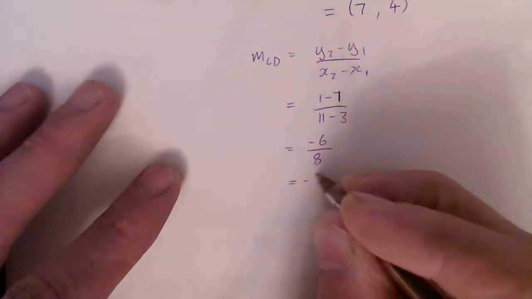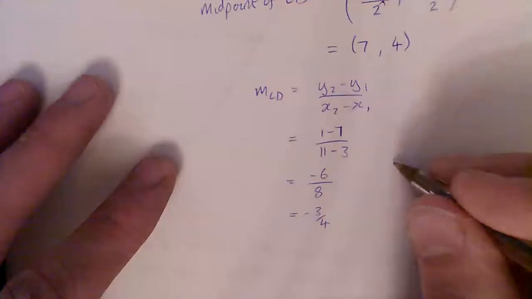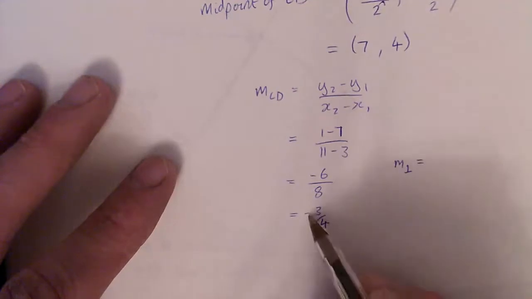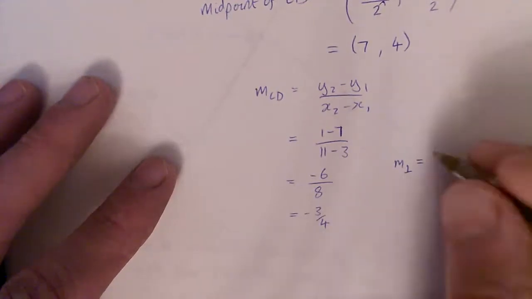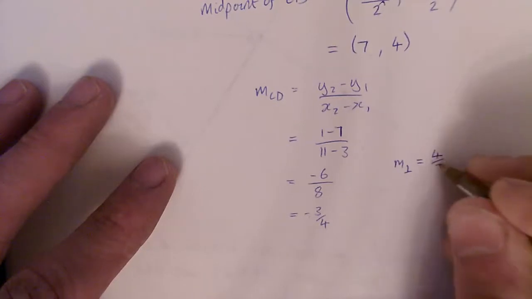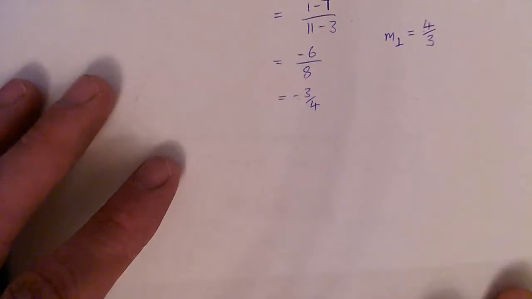Simplify a little bit. So that's minus 3 over 4. That'll make our life easier over here because we've got that simplified form. So the perpendicular gradient, this is negative, so this is going to be positive. Remember, if you've got a fraction, the reciprocal is the same as turning that fraction upside down. So our new perpendicular gradient is 4/3.